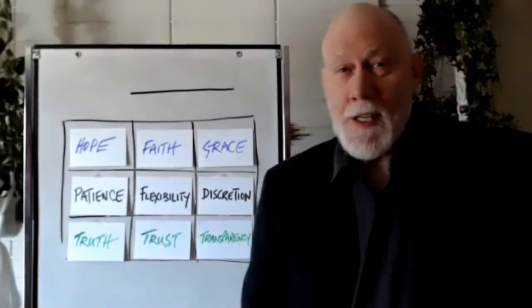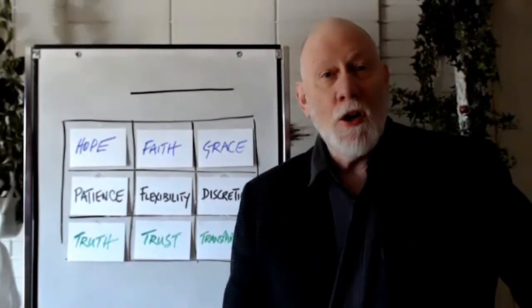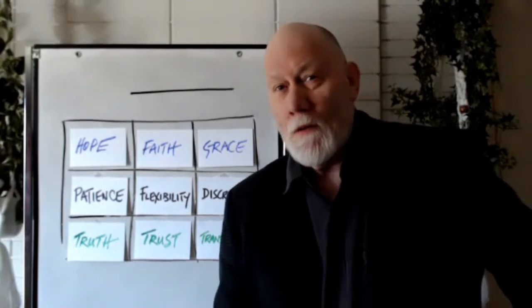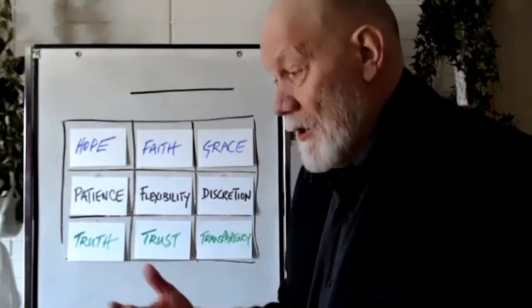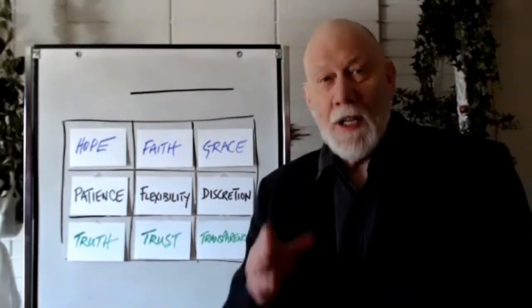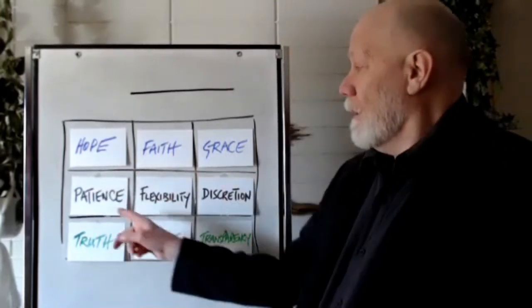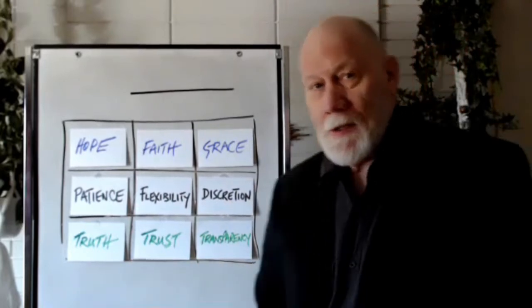My first working example in the use of the 9 squares is based on what I call 3-word locators for yourself. And over the last couple of weeks, I have been publishing on my digital marketing channels combinations of 3 words: hope, faith, grace, patience, flexibility, discretion, truth, trust, and transparency.